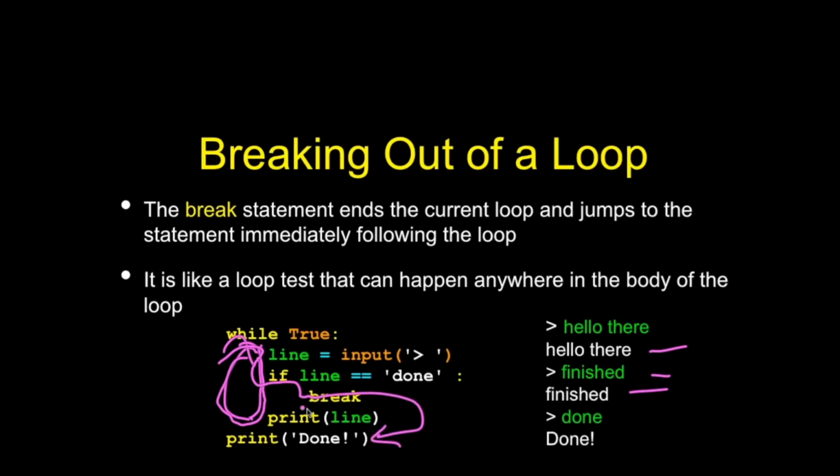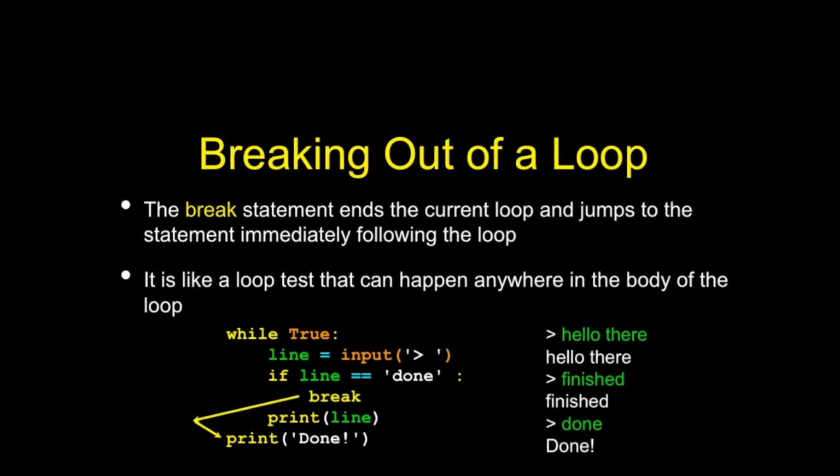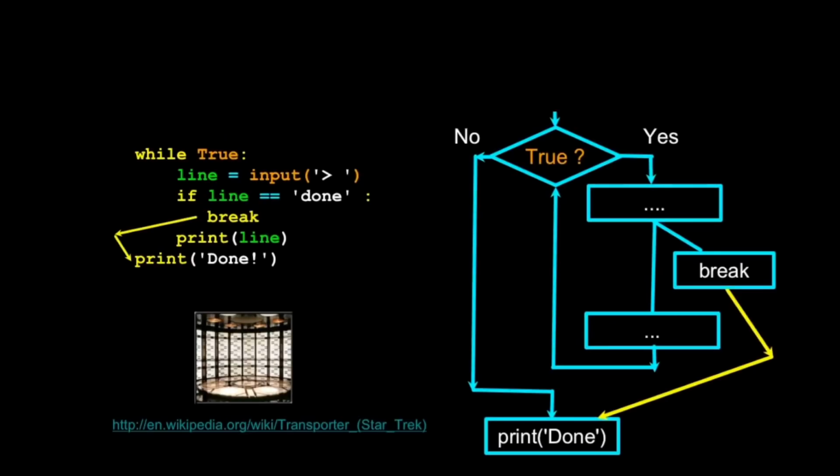The key is it doesn't go back. It's like once you've done a break, that loop is done. And so you look at basically the block that is the loop. So here's kind of the loop block, and then the break goes to the line after the end of the loop block. And you can think of this as sort of like just a hyperspace jump.